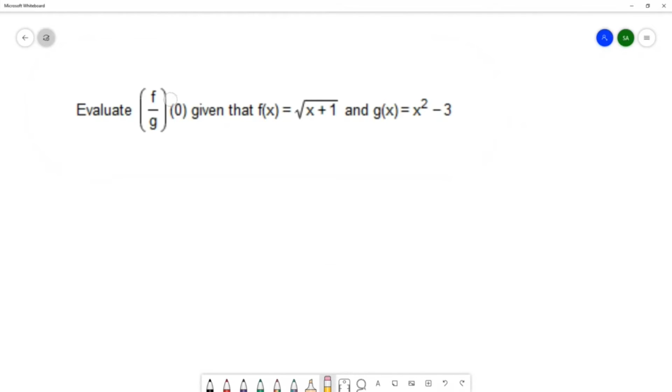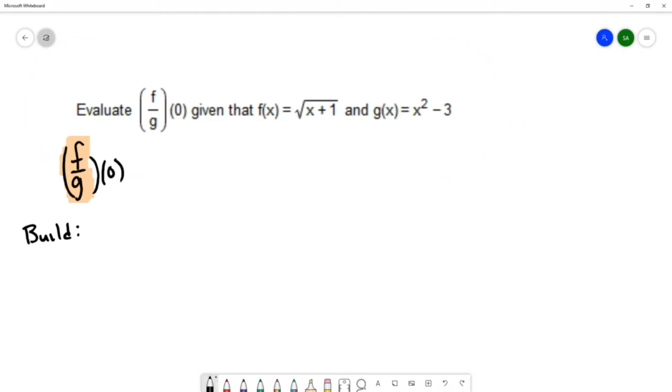We want to find f over g of 0. The first approach would be to first build the function that it's talking about here. We weren't given the function f over g, so we would first build that function.